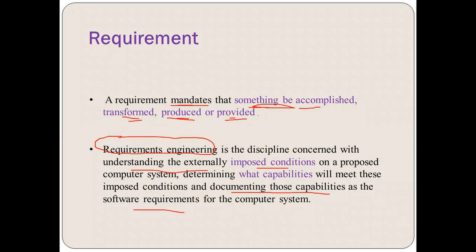Requirement engineering is the discipline in which we understand and get to know the imposed conditions, or the constraints, that are to be put on the computer system. And we determine the capabilities, what functionalities it should perform. All these are documented in the software requirement specification.